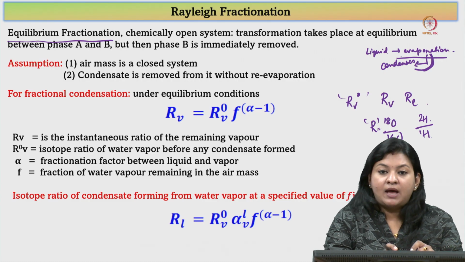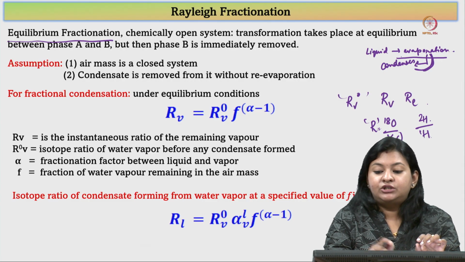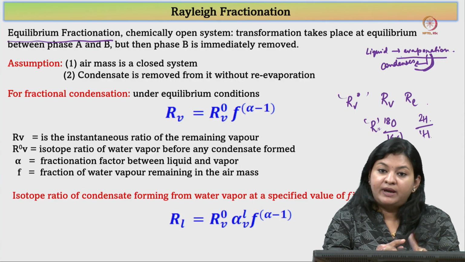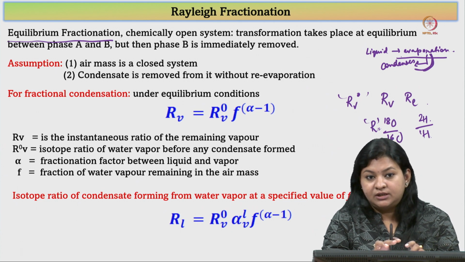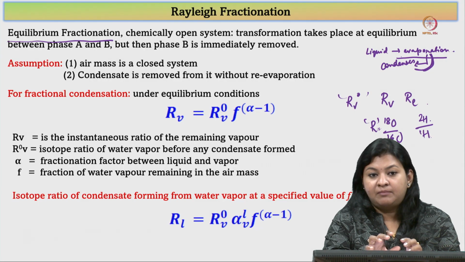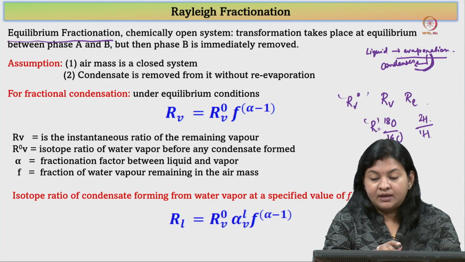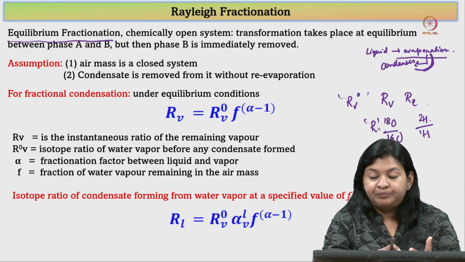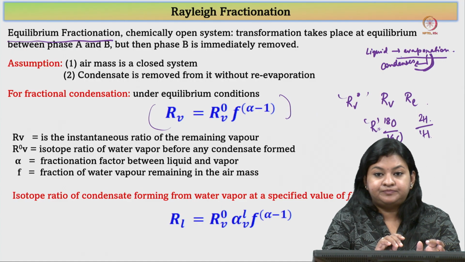So, at a given point of time, the ratio in the vapor is related to the ratio of my initial air mass multiplied by the fractional amount that is remaining, raised to the power of the fractionation factor between the liquid and the vapor minus 1. So, this is a very important equation.